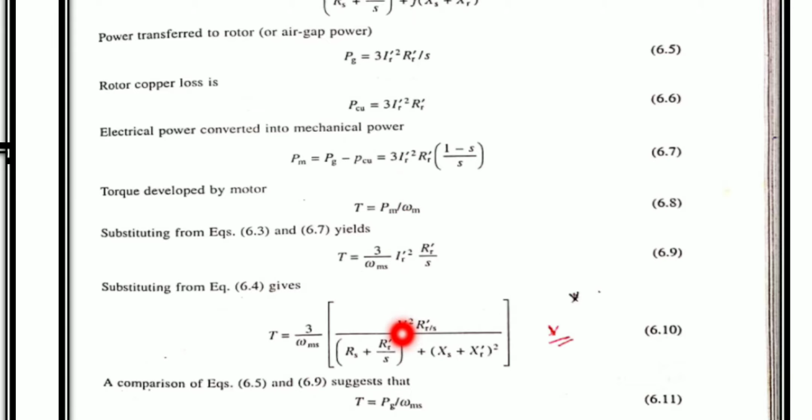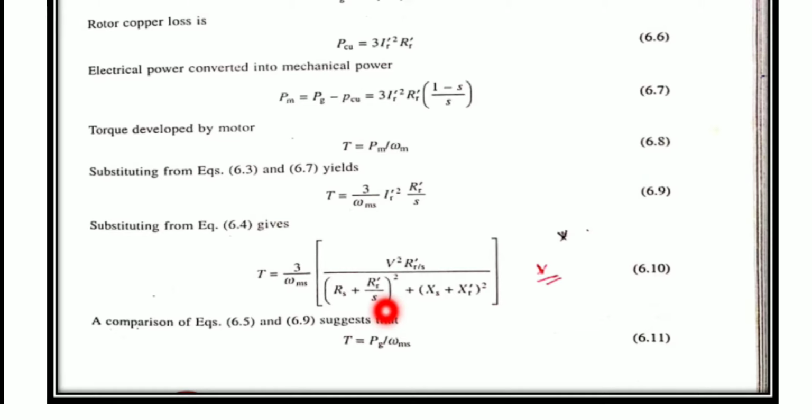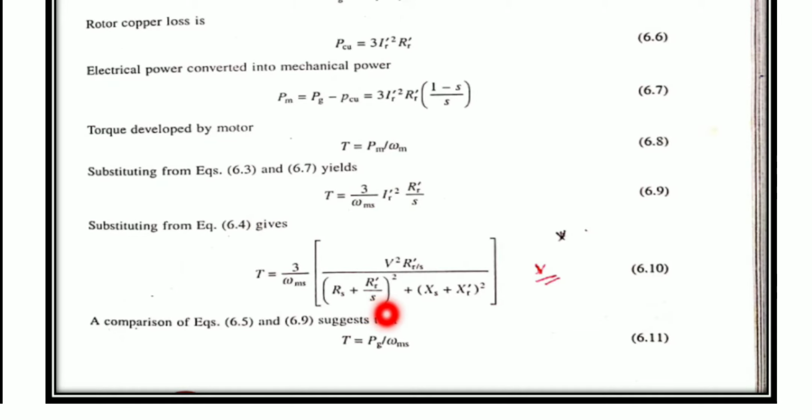But for the power developed in the air gap, we can write it like this: T is equal to P_G divided by omega ms. But here what I had taken? Power developed P_M, mechanical power to the rotor speed. Here the equation I had considered is air gap power to the synchronous speed. Getting my point? So here rotor speed I had taken, here the synchronous speed I had taken.